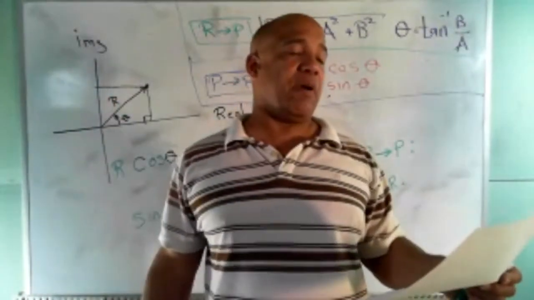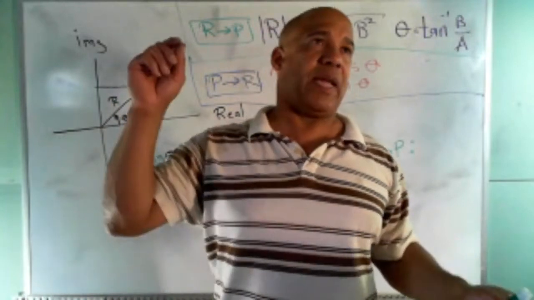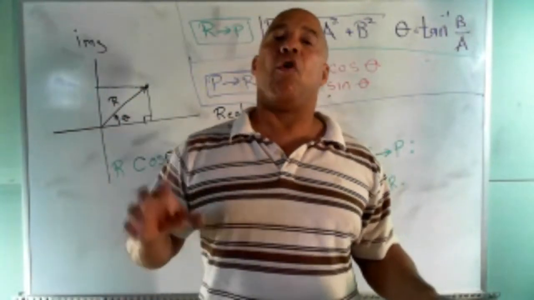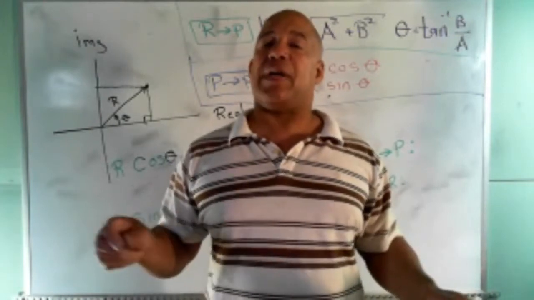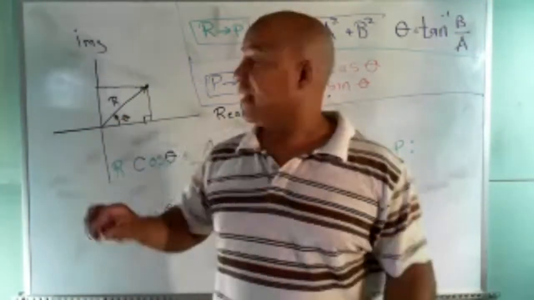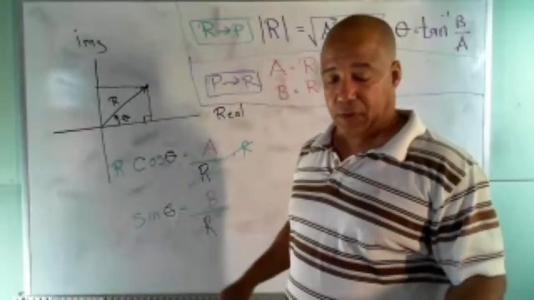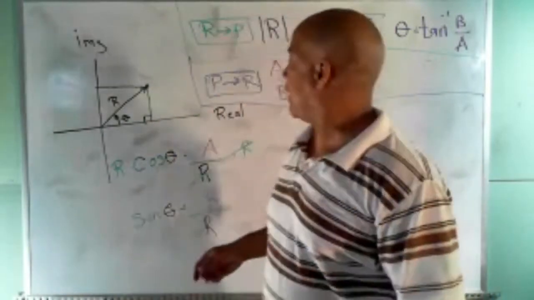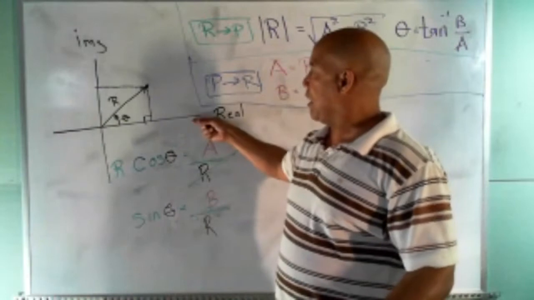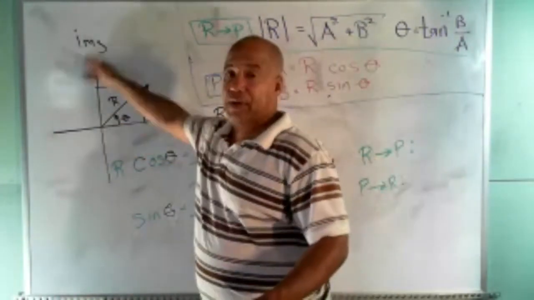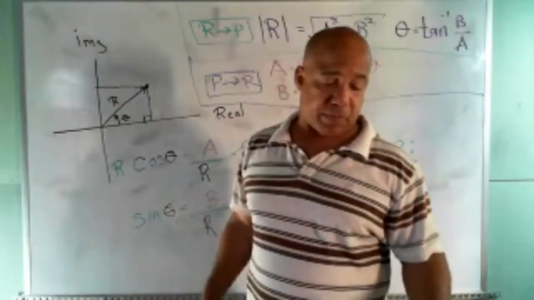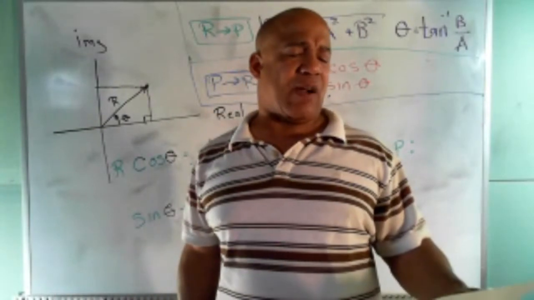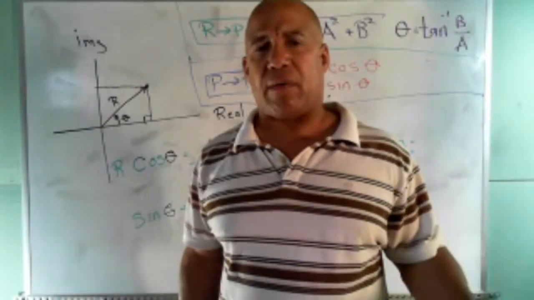Or you can say a complex number is a point in the complex plane, and I showed you both of those on the board. Then it says talk about the complex plane. Well, I drew that for you. I have real numbers here, and I have imaginary numbers here. That's the complex plane. If you look at 1D, it says J is a rotational operator.